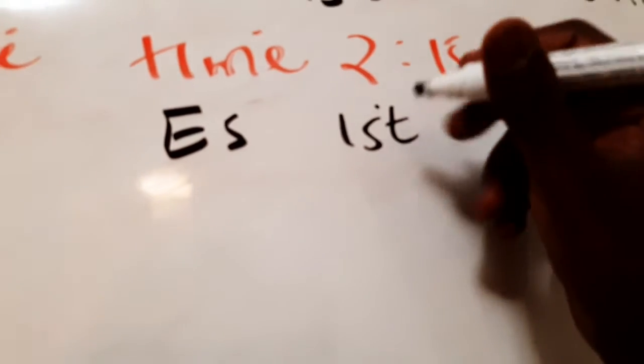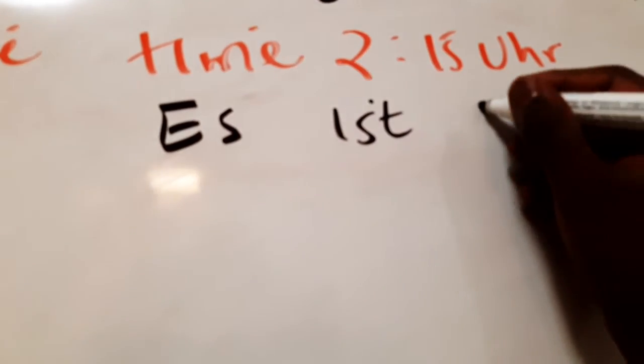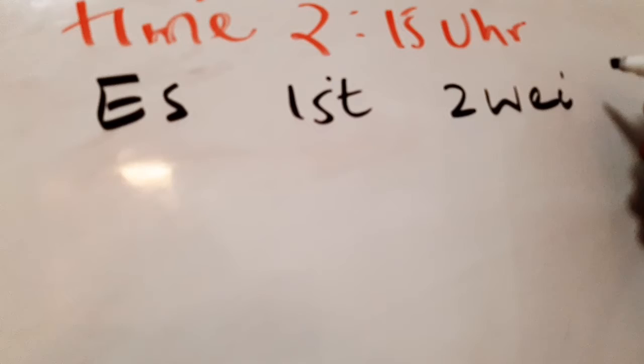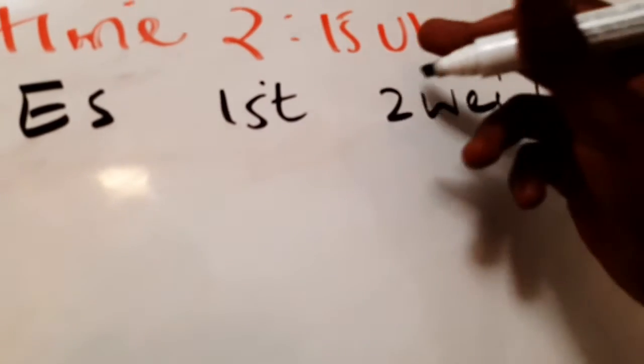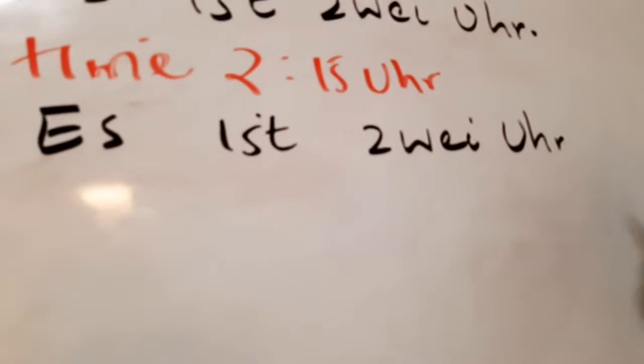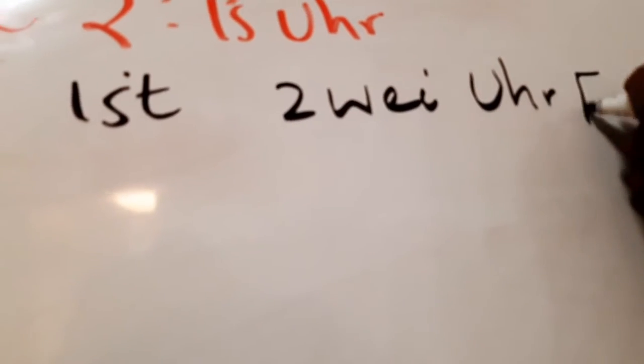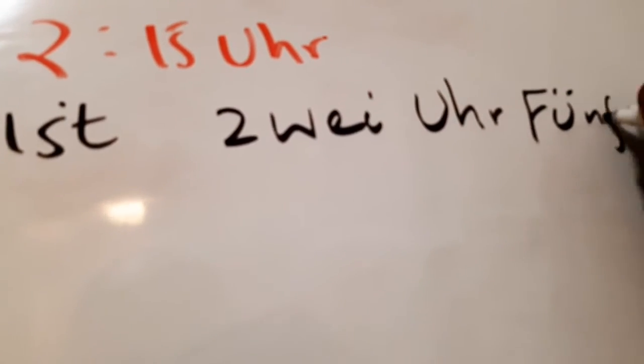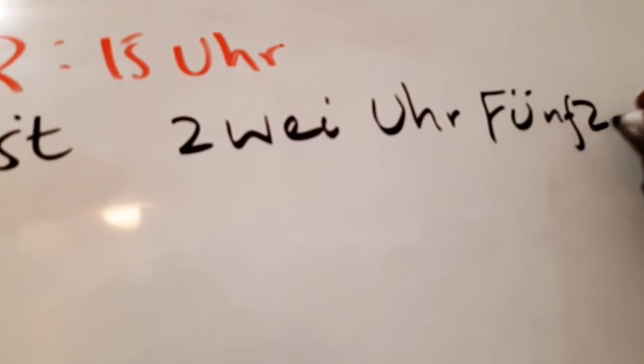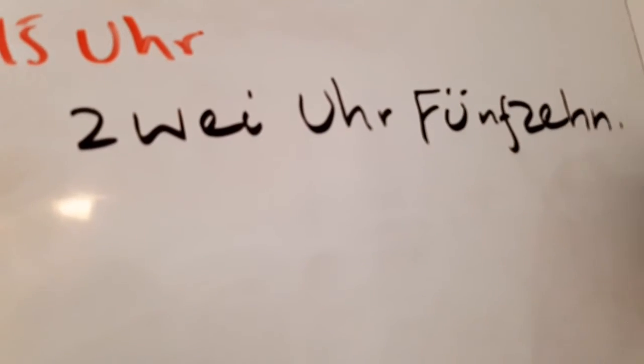So now we use 2, that is 2 Uhr. Then the minute will be the number, which is 15.